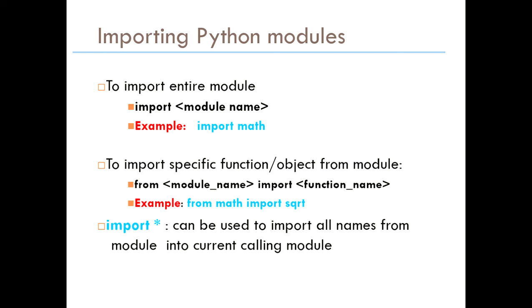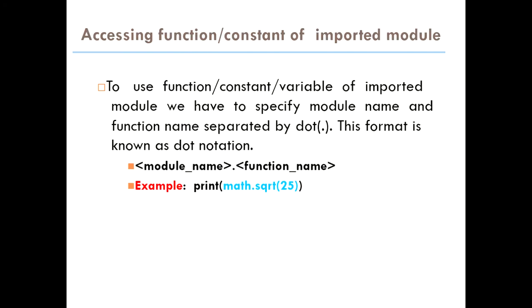To import a specific function object from a module, we have to write the from keyword, then the module name, then import, then the function name. For example, from math import sqrt, square root. Import can also be used to import all names from a module into the current calling module.